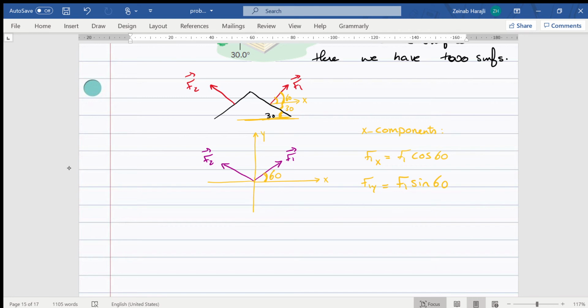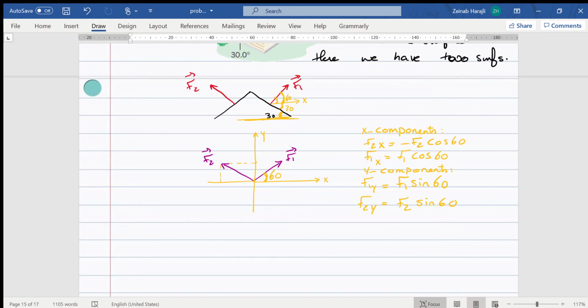If we look for the force F2, it will be minus F2 cosine 60 because F2 is in the negative direction, so its x component will be in the negative part of the x-axis. And if we look for the y component for F2, it's also F2 sine 60. It's also positive because you can see that the y component is in the positive part of the y-axis.